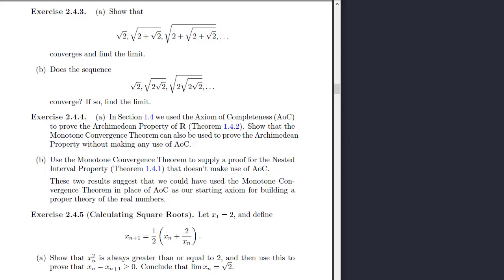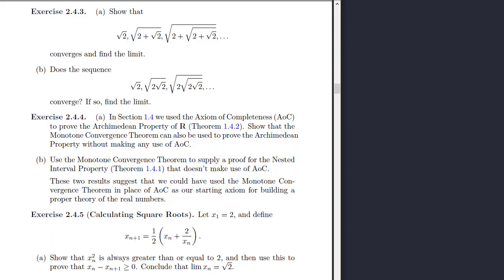If we were assuming that the monotone convergence theorem was true, we could likely use the monotone convergence axiom to prove that a supremum would always exist by basically creating a sequence of all the elements in the set that would be increasing up to the limit, and then you would say that limit would be the supremum.